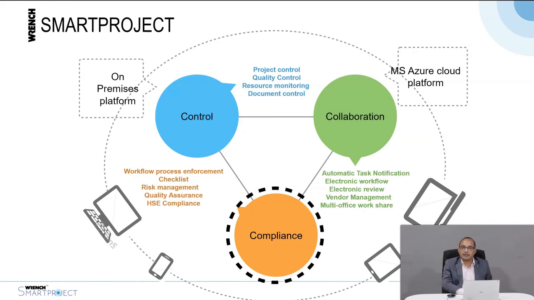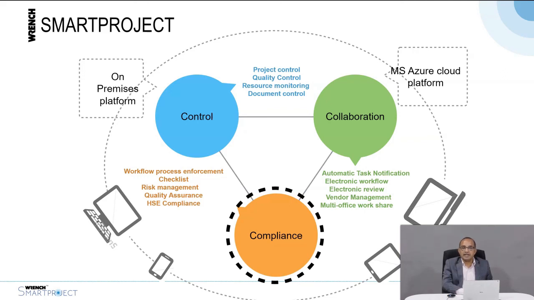It provides a platform for vendor collaboration and consultant collaboration, as well as it enables people to work from anywhere by having multiple offices working on a single platform, so that they can work as one organization irrespective of where they work from, be it from their office or from home.